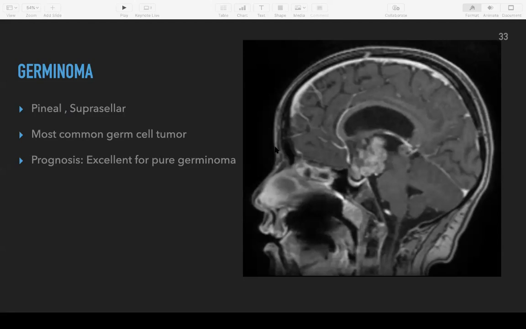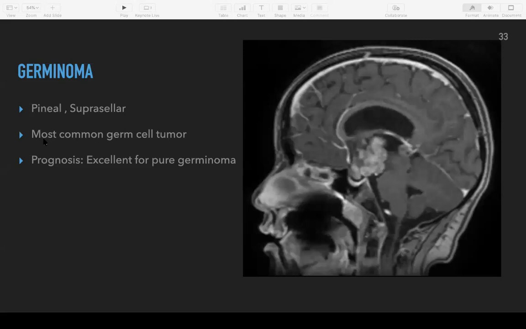If we have germinoma in the pineal gland only, it will be more common in male. And the suprasellar germinoma by itself is common in female. Okay, but if we see both lesions together in one patient, this is most likely germinoma. And for this particular patient, she was a female.